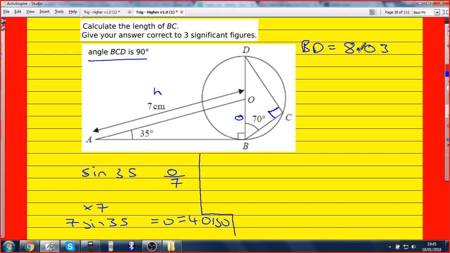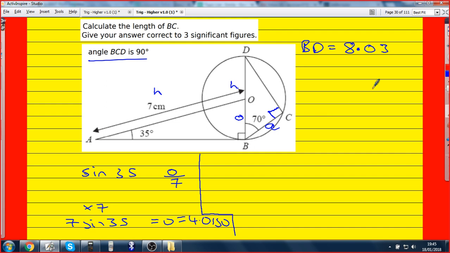So now you have H. So you want to find BC, which is A. So you do tan.